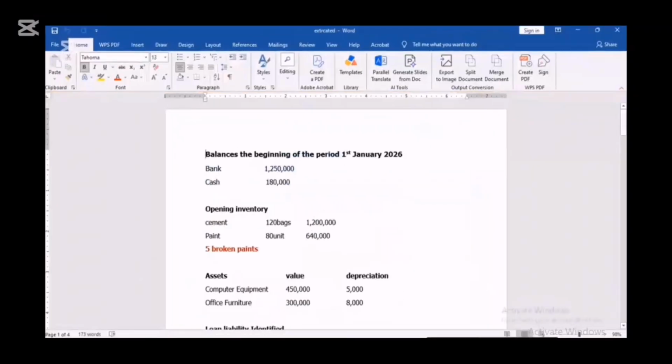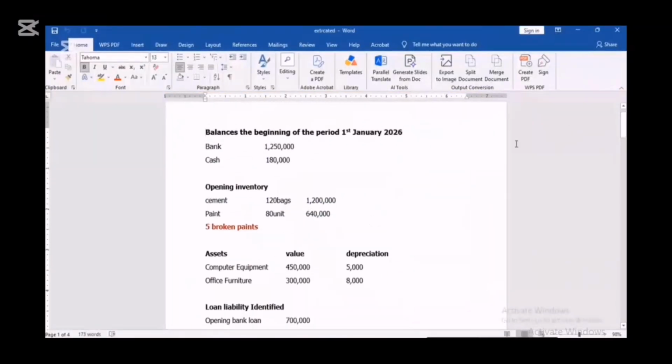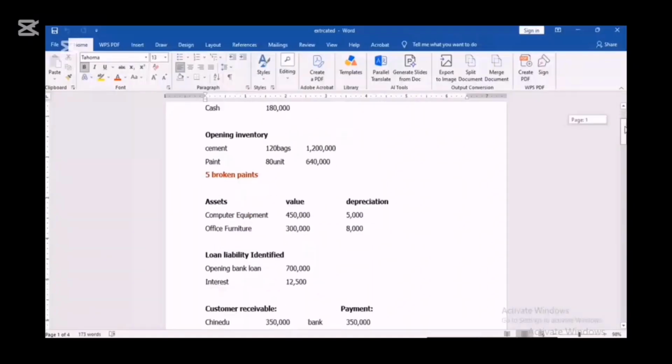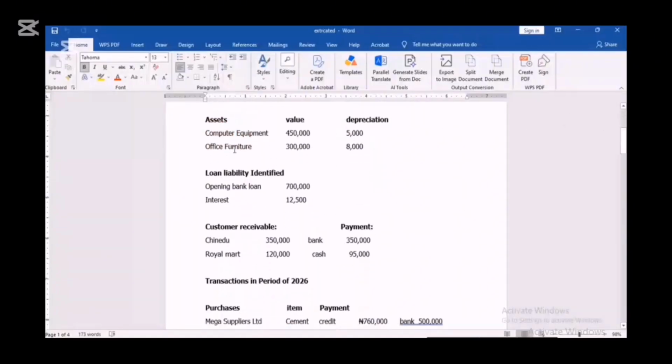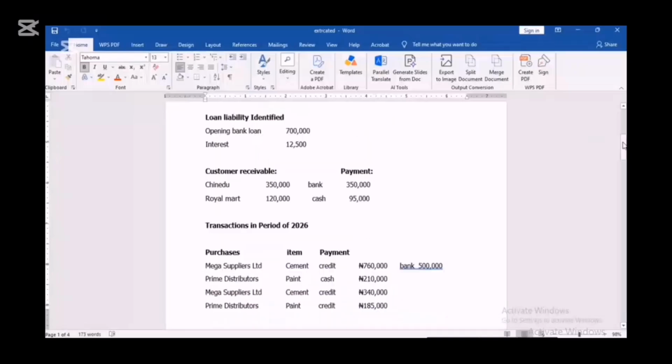So let's see the extract. So these extracts are from those documents. So I ensure I pick them one after the other, avoiding duplicates of each of the transactions. So these are the balances, the assets, computer and furniture. So these are the loan liability, the customer receivable as customers owed last year.